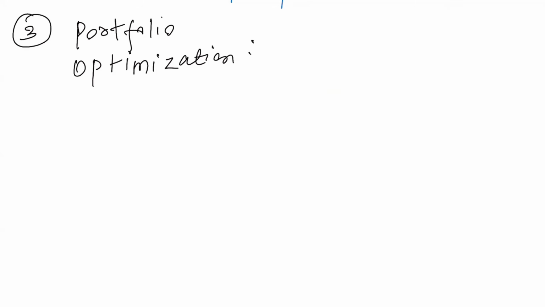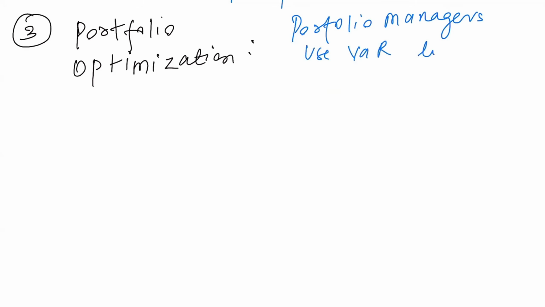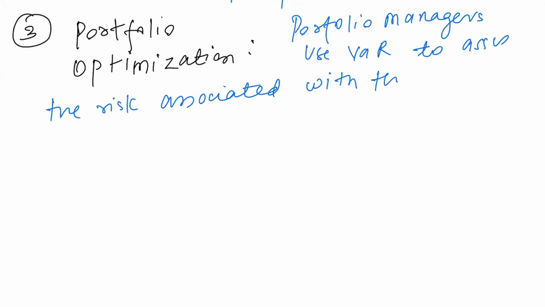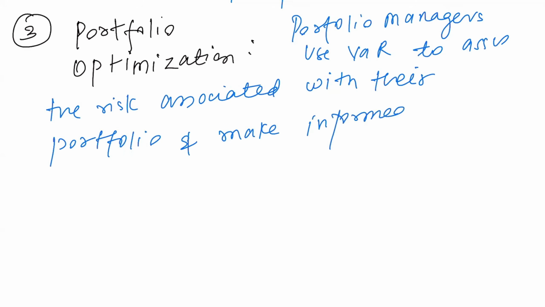So in portfolio optimization, how do the portfolio managers optimize? Basically, portfolio managers use value at risk to assess the risk associated with their portfolio, and this helps them to make informed decisions about the asset allocation.